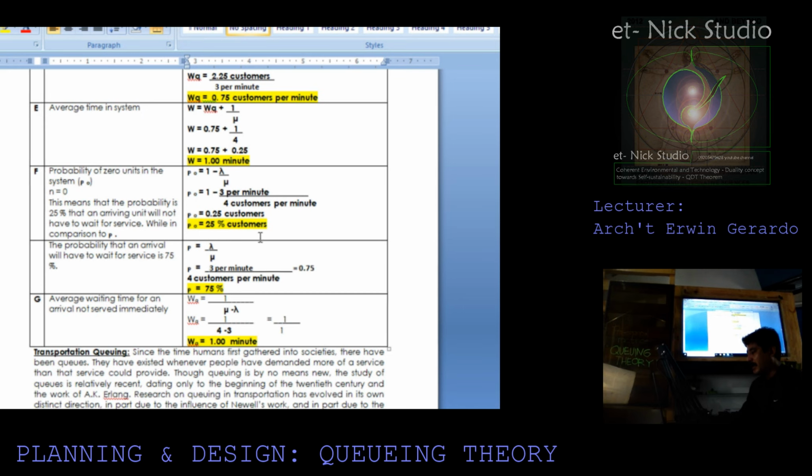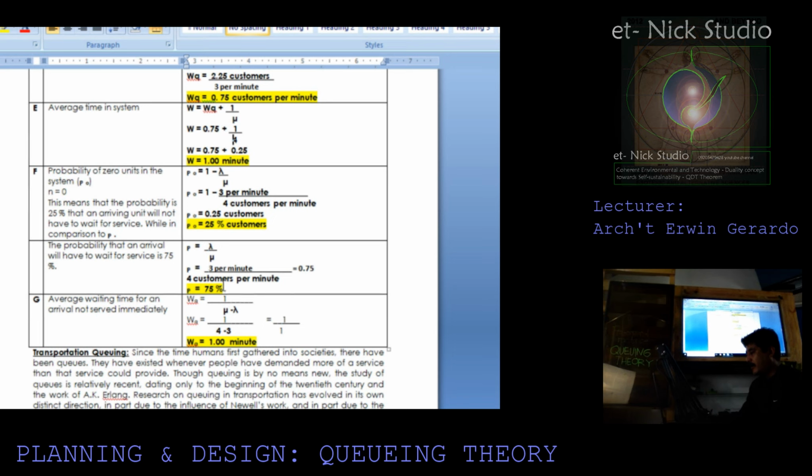So if you analyze it, 25% of customers won't wait in the system, while the probability that an arrival will have to wait for service, represented by letter P, equals alpha divided by mu.